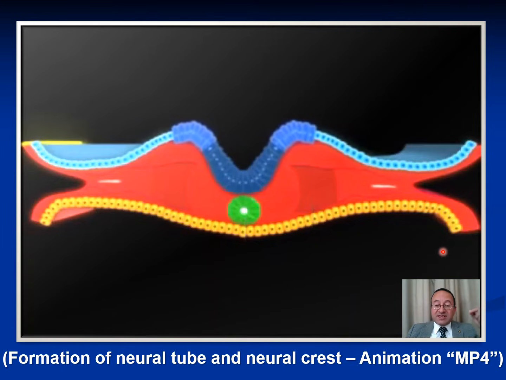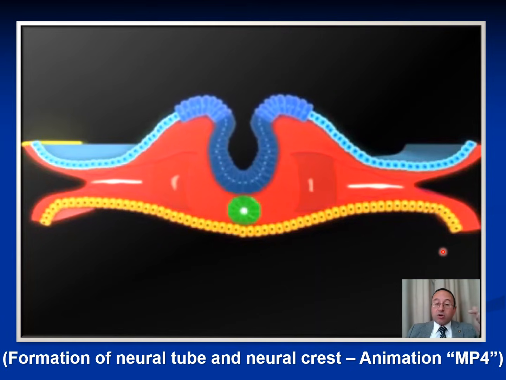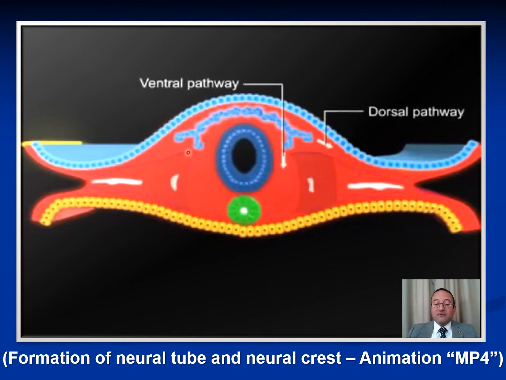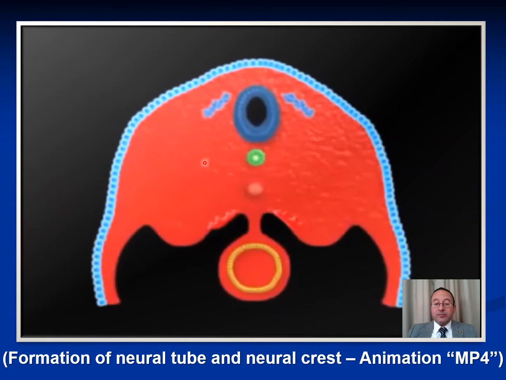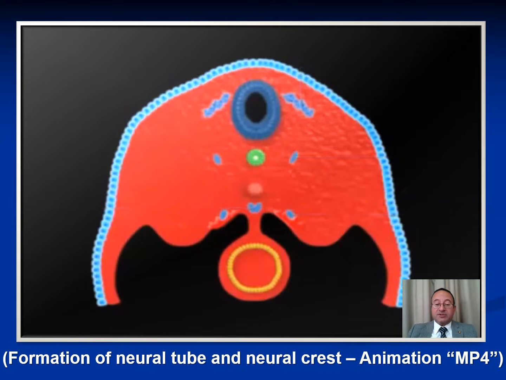Now there is more deepening of the neural groove. Yes, it will close to form the neural tube, and there is detachment of the cells of the neural crest to lie on each side of the neural tube. This is followed by migration of the cells of the neural crest to form different tissues in our body.